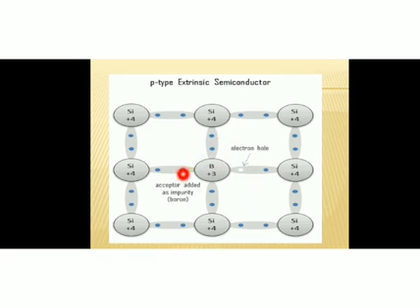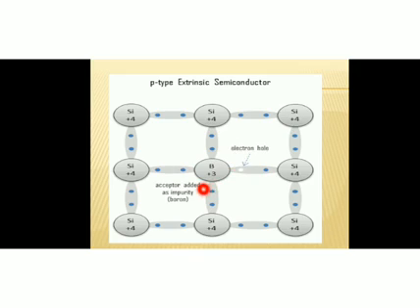Then an electron from the neighboring position will jump to that hole. That means electrons start to move from one hole to another hole. So electron movement has taken place in the absence of external energy itself, due to which some conductivity is observed in the P-type semiconductor.